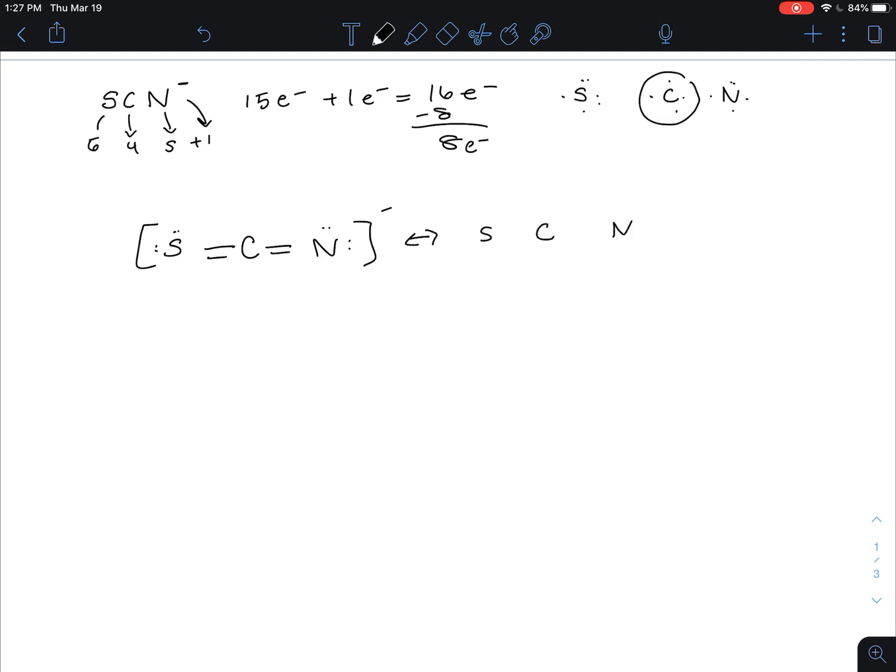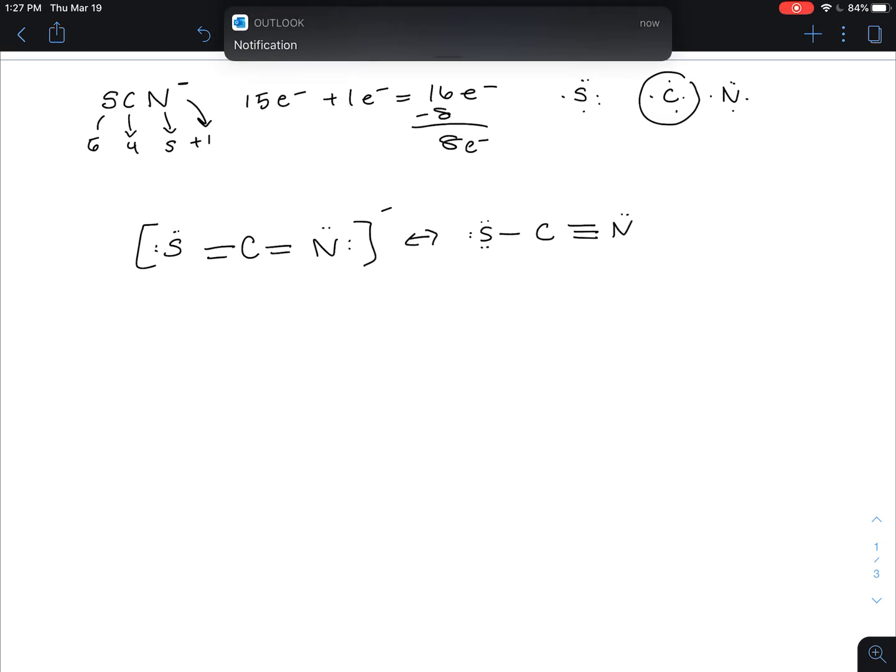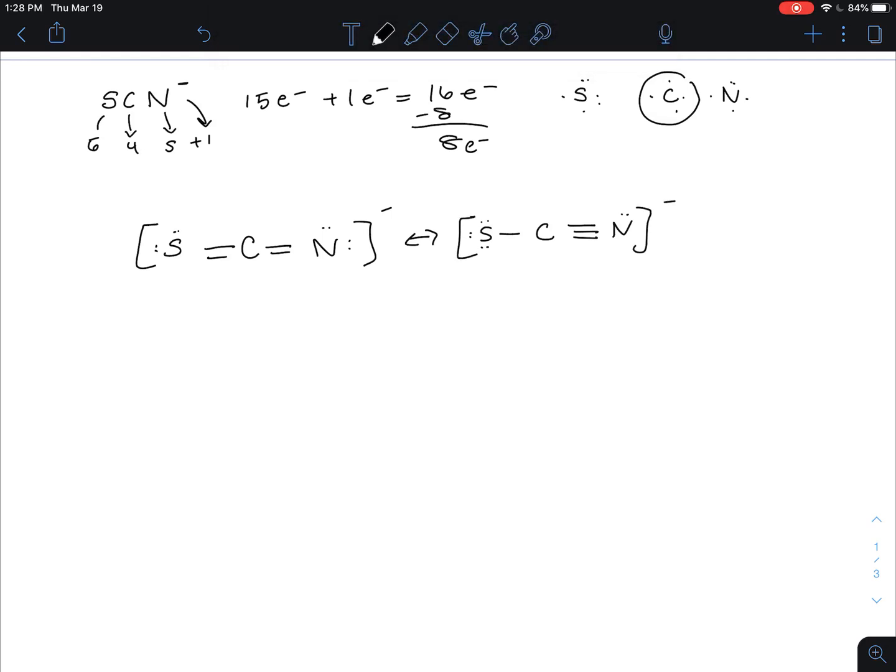Now, who's to say that the carbon would make all 4 bonds this way? I could have given carbon a triple bond on one side and a single bond on the other, where then sulfur would have the extra electrons. 2, 4, 6, 8, 10, 12, 14, 16.